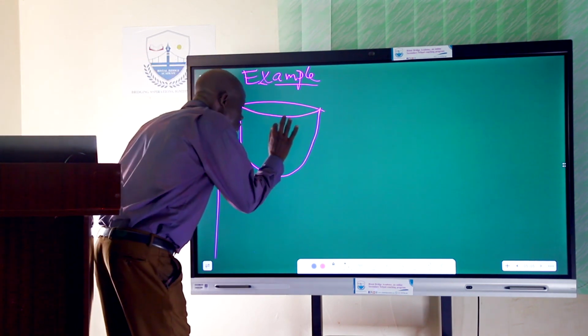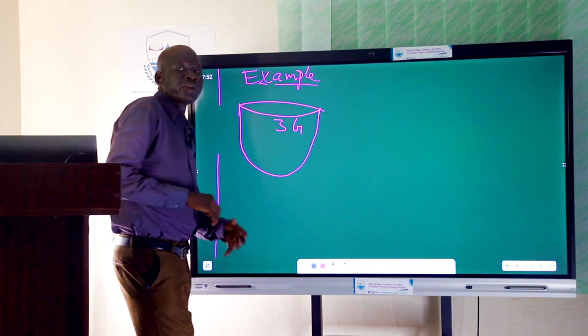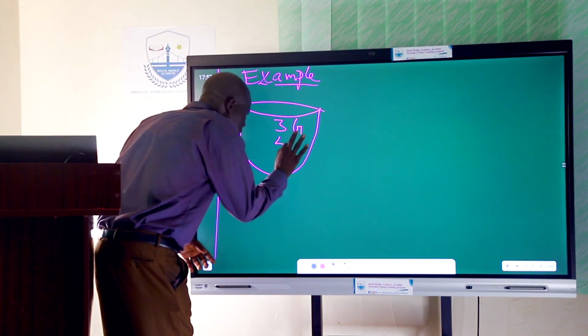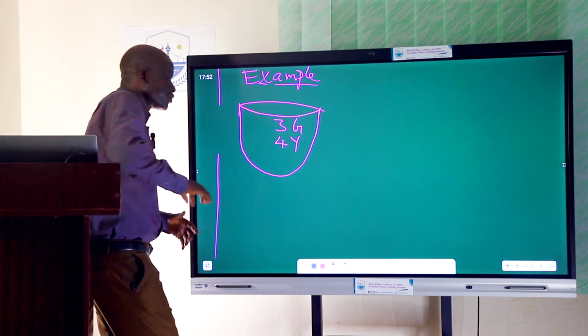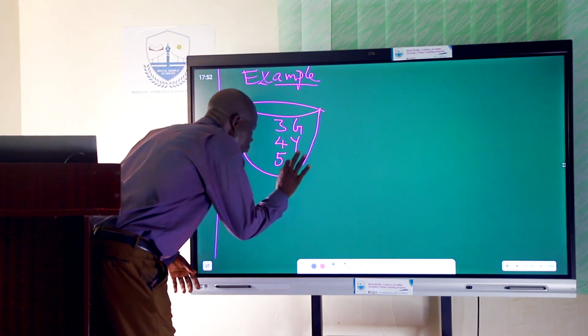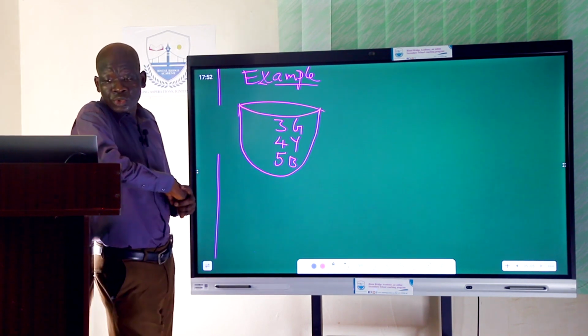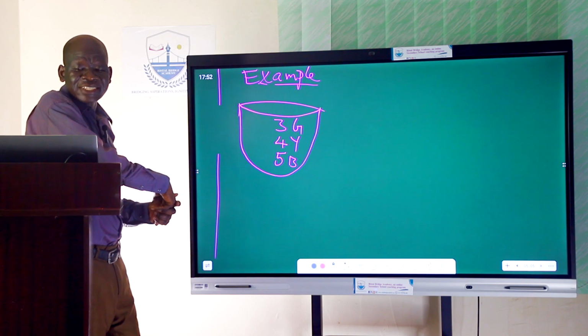There are some which are green. They say 3 green, 4 yellow tickets, and the 5 blue tickets. Look at that. So they are saying a ticket is randomly selected.